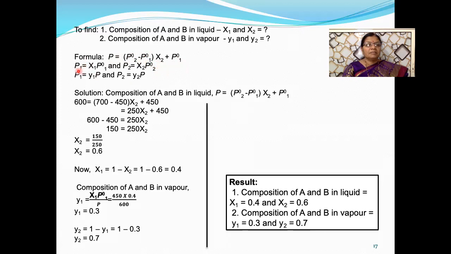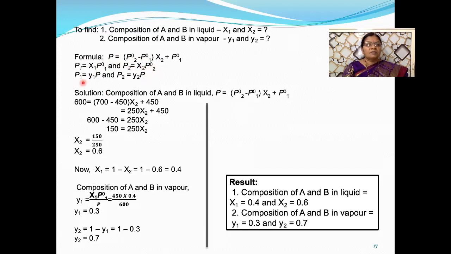Here the partial vapor pressure of the first component is given by the product X1 into P01, where P01 is the vapor pressure of the pure component and X1 is the mole fraction of that component. Similarly, P2 is equal to X2 into P02. That is according to Raoult's law.